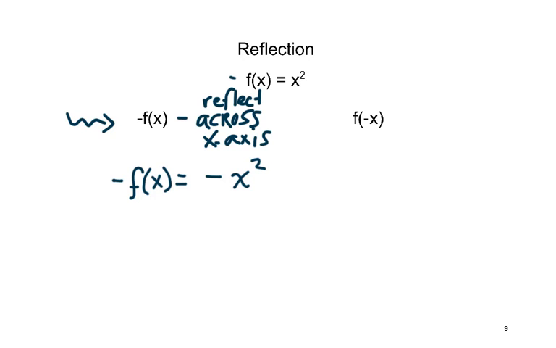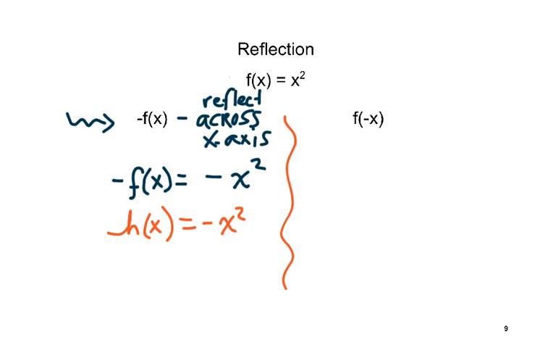It's like we're doing this, and then we're just putting a negative sign right there. Okay? So our new function, which we could call g of x, or hey, let's spice it up a little bit, we'll call it h of x, is going to be a reflection across the x-axis of f of x, and it's going to be negative x squared.